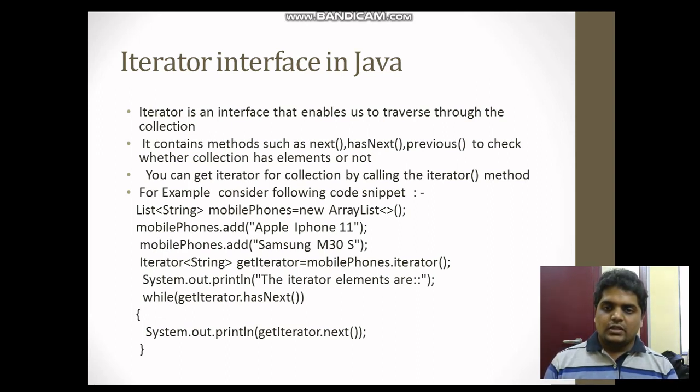I've added some values to it, like Apple iPhone 11 and Samsung M30s. Note here that I use Iterator of String, and mobilePhones.iterator. So on the list I call the iterator method, because I want to navigate through the list.